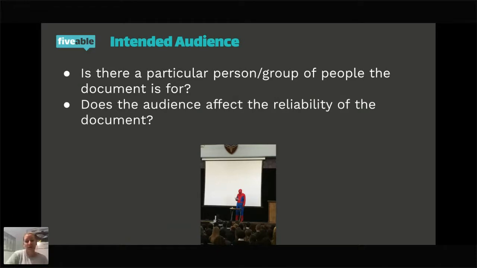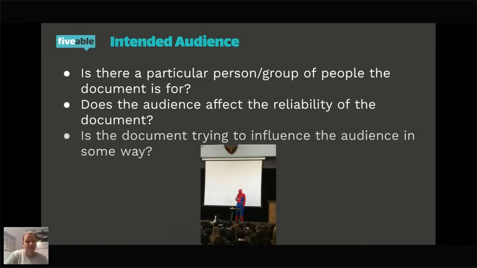So think about that with the document. If this is written towards one person, or if it has a specific audience, how has how they're writing affected who they're writing for? Is the document trying to influence that intended audience in some way?